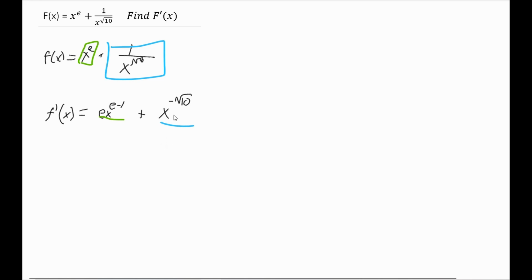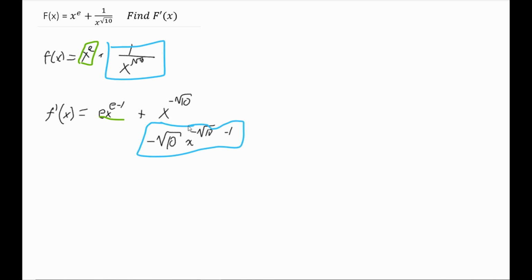And so we're going to just do the power rule again, because the square root of 10 is just a number. It's not a nice clean number, but it is a number. So you're going to multiply by negative square root 10 times x, and then we just subtract 1 from this exponent, whatever it is, root 10 minus 1. Okay? And so this is the derivative of the blue area.